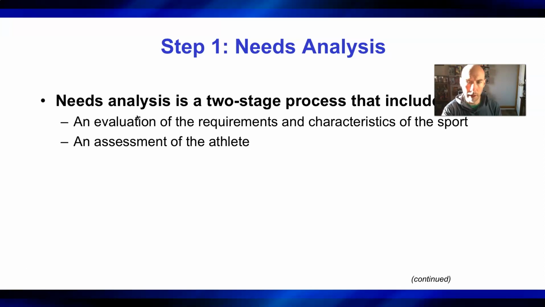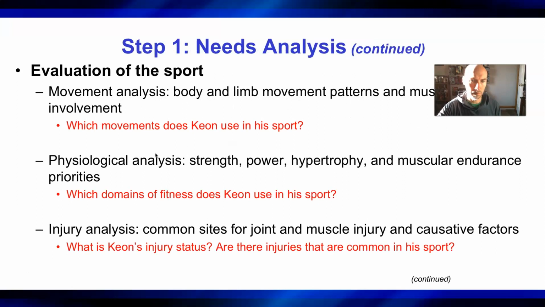What movement patterns are important for basketball, etc. He did report some knee discomfort, so we're going to want to consider that when we're doing our assessment and program design. Again, based upon him being a basketball player, we would create a fitness testing battery like we did last week. Choose a series of assessments that are specific to a basketball athlete. We'll get to that here in a second.